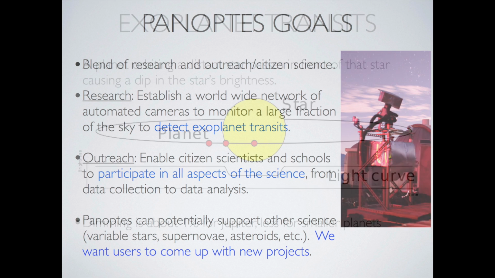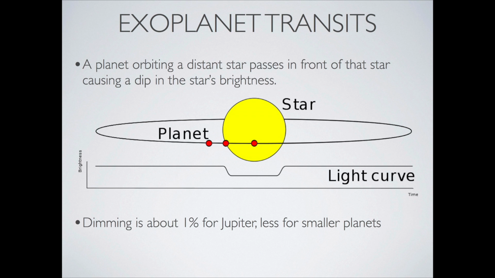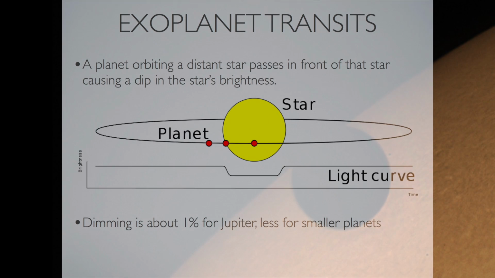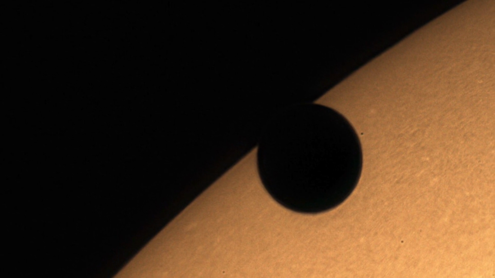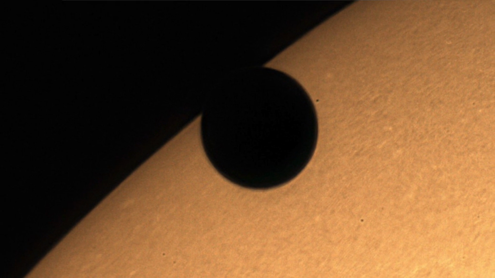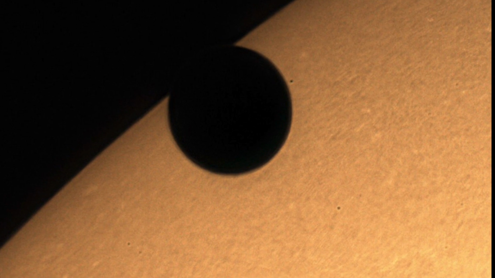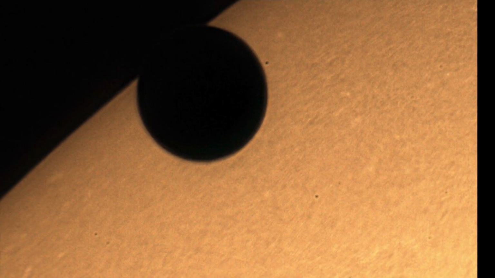Slide 3. For just a visual reminder of our primary goal, which is to go after exoplanet transit. We're looking for the occurrence, as shown in this picture, where the planet passes in front of the star. This is a picture that some of us took for the transit of Venus in June last year. We're not going to see it like that if it's an exoplanet passing in front of a star.